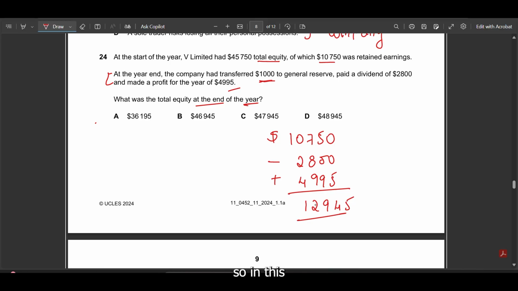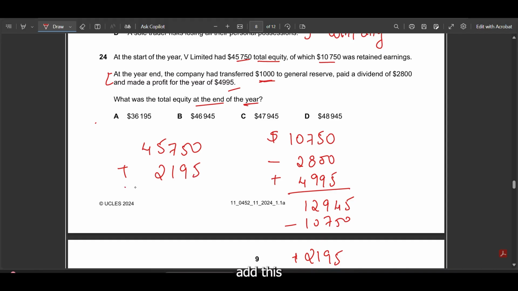Now there is an increase. If I calculate the difference between opening and closing, it's 12,945 minus the opening balance of 10,750, which comes to 2,195. This is the addition to the total equity of 45,750, so you need to add this 2,195.